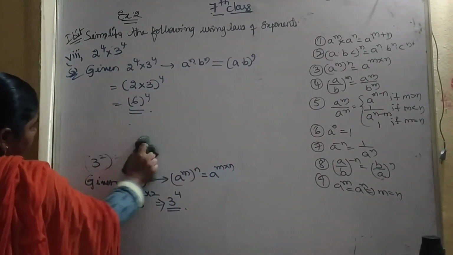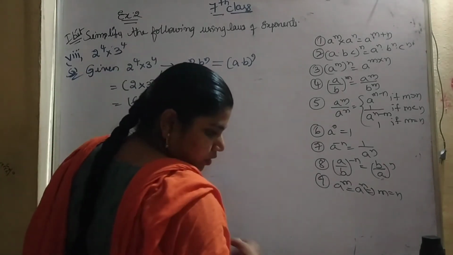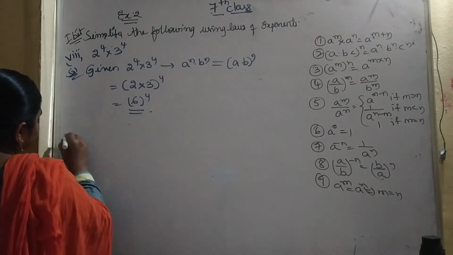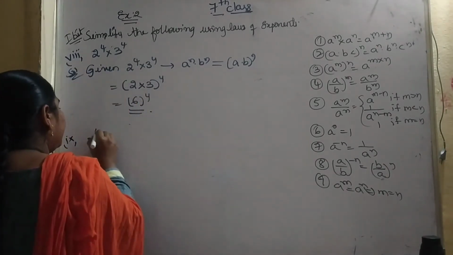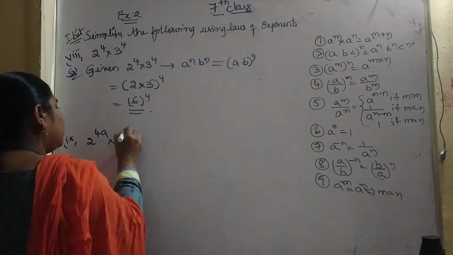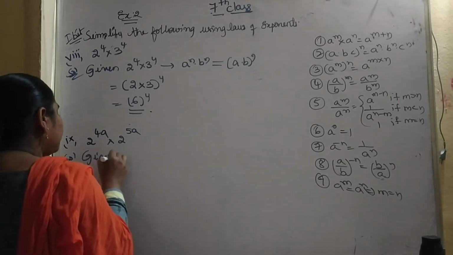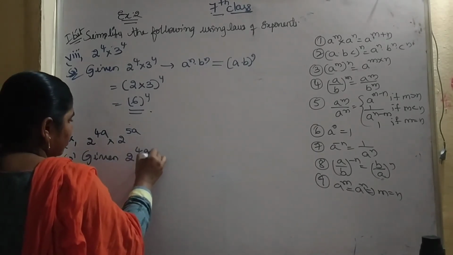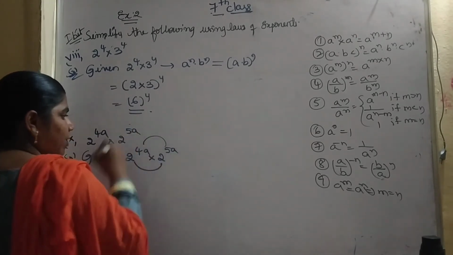9th is 2 power 4a into 2 power 5a. So here again we are using the first law. Both bases are equal, so we have to add the powers.